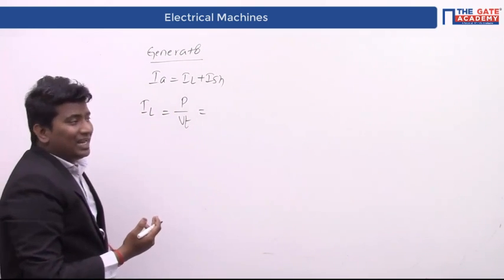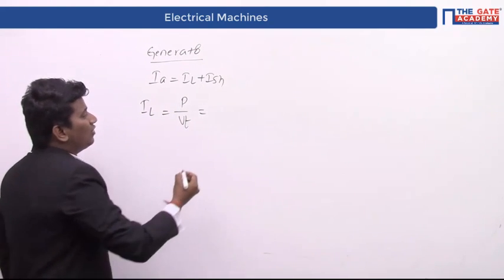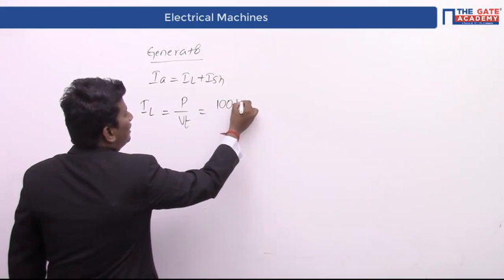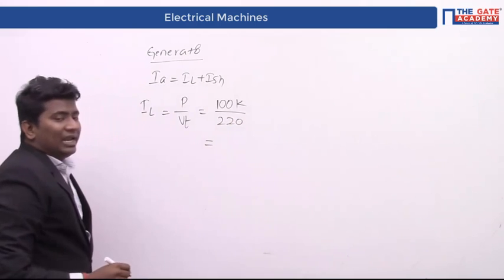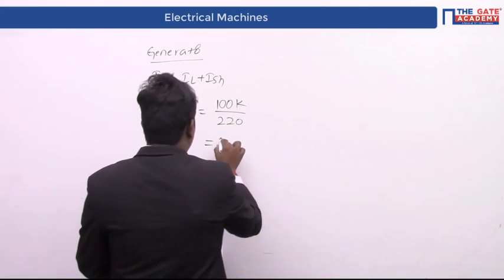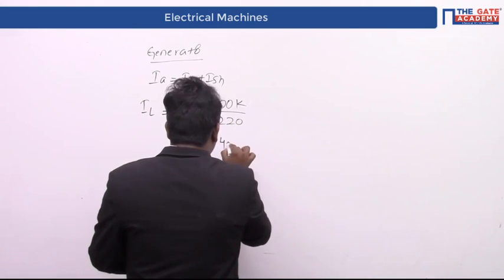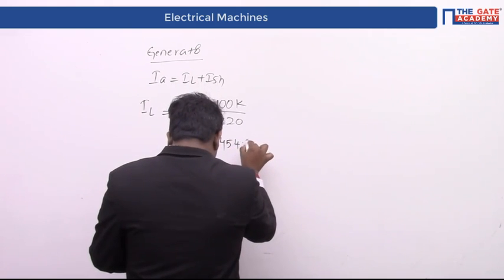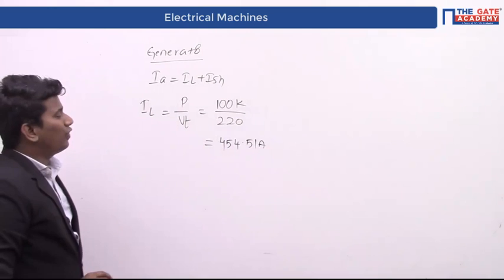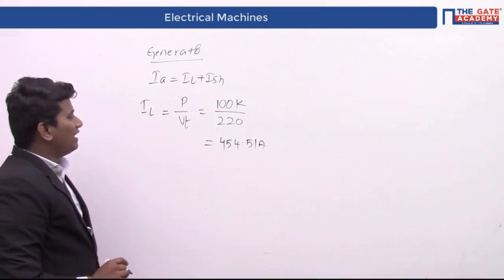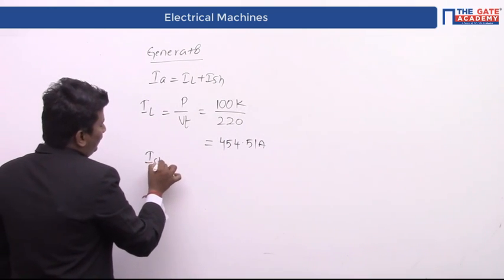When the machine acts as a generator, what is the power delivered? 100 kilowatt, and terminal voltage is 220 volts. Therefore, its load current is 454.51 amperes.